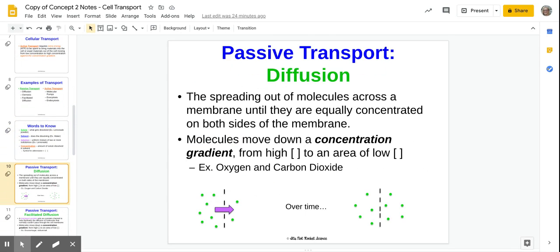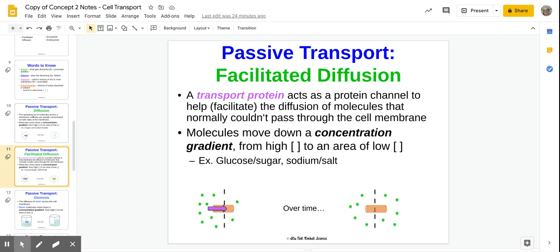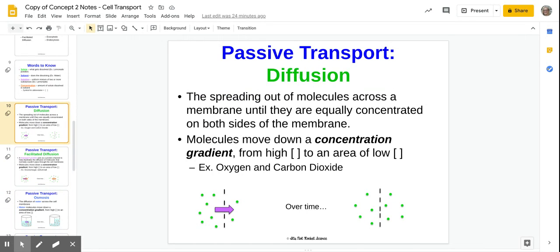To specifically look at passive transport, we have simple diffusion. This is just like the example I gave when I said if I spray cologne and it spreads out, that's simple diffusion. It is just going to go from a very high concentration to a very low concentration.